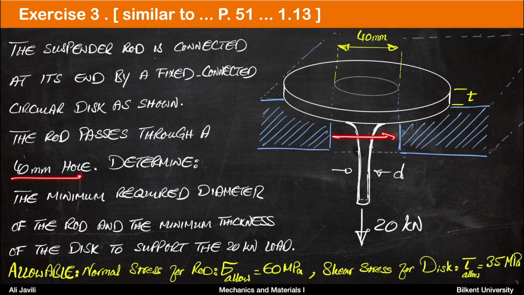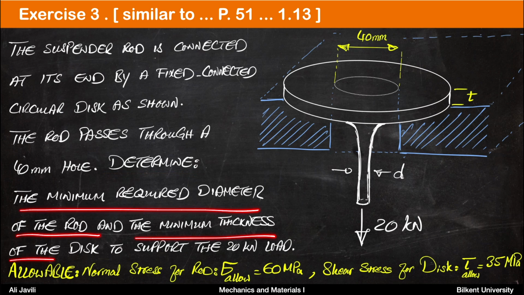So there is this hole with a diameter of 40 millimeter, and you are asked to calculate the minimum required diameter of the rod and the minimum thickness of the disc to support the 20 kilonewton load at the end of the rod.